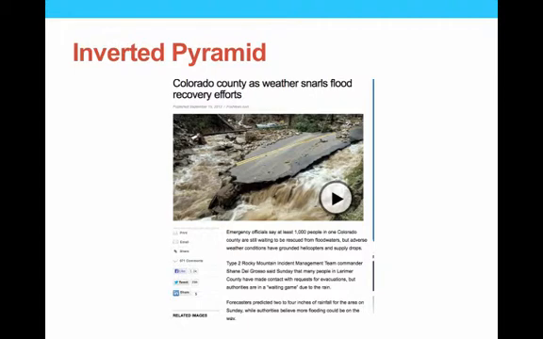This supports the information that you've already seen in the lead. Now this is a very short story. This last line, with forecasters predicting more rain potentially on the way, is not essential to your understanding of what's happening in Colorado, but it does add some additional information that helps you understand just how critical the situation is in Colorado.